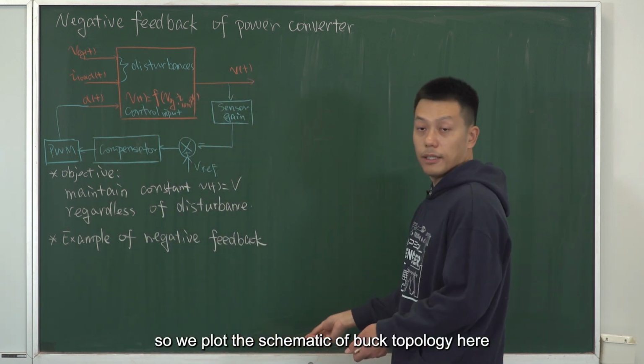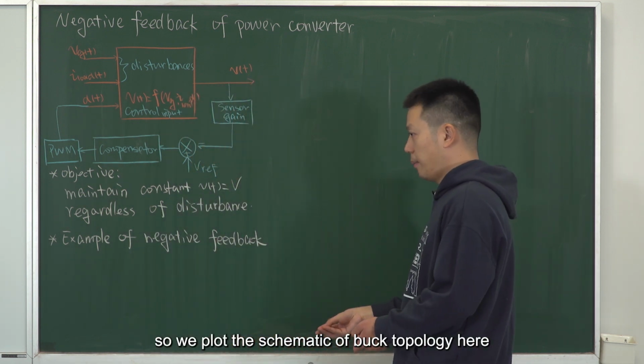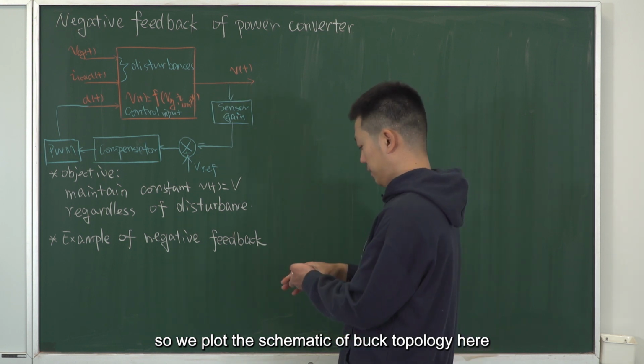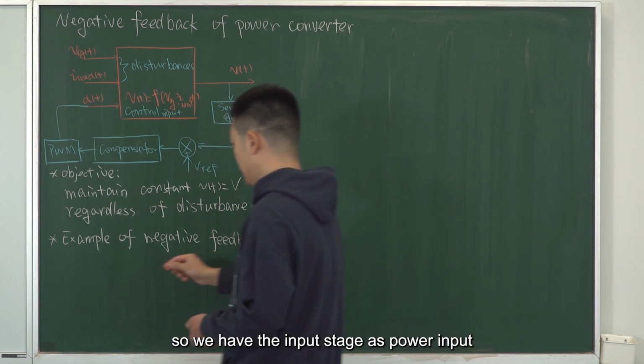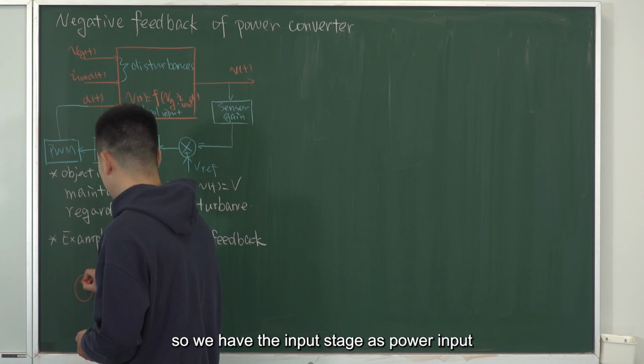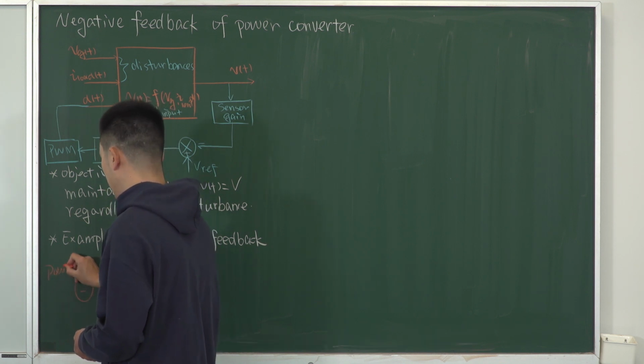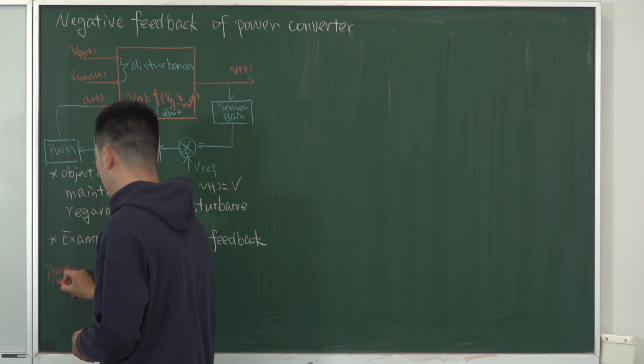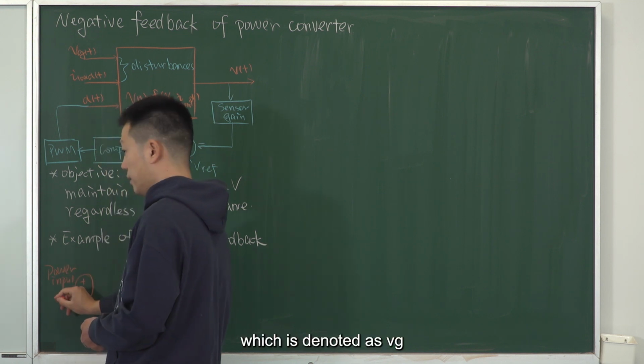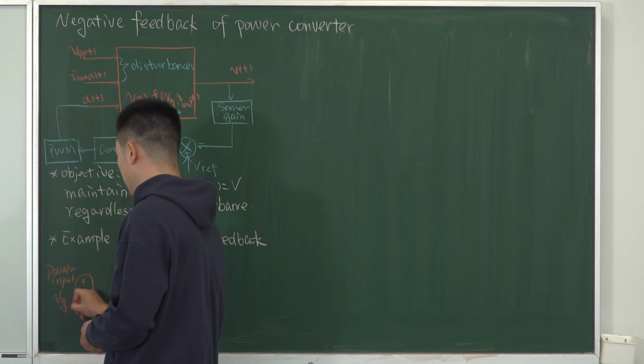So we plot the schematic of the buck topology here. We have the input stage as power input, which is denoted as Vg.